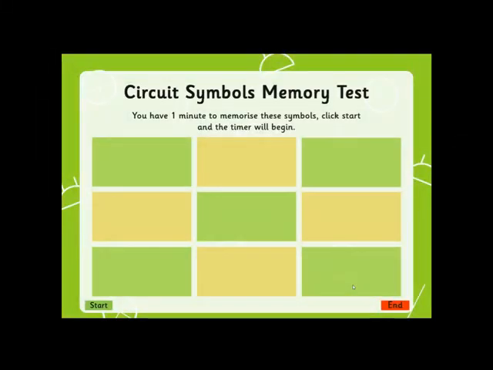Right, so we're going to do a circuit symbol memory test. You're going to have 1 minute to memorize the symbols, and the timer will begin. Then you're going to write down as many as you can remember. Are you ready? Let's start.